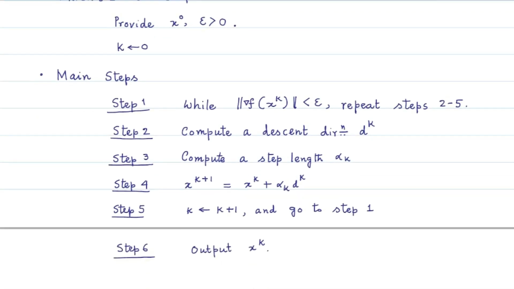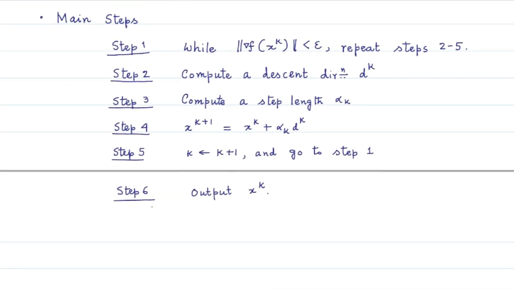In the main steps, at first we check whether grad f at xk has norm less than epsilon. If less than epsilon, then we stop the algorithm and provide the point xk as a stationary point of the given objective function, and this stationary point may possibly be a global minimum of the objective function.